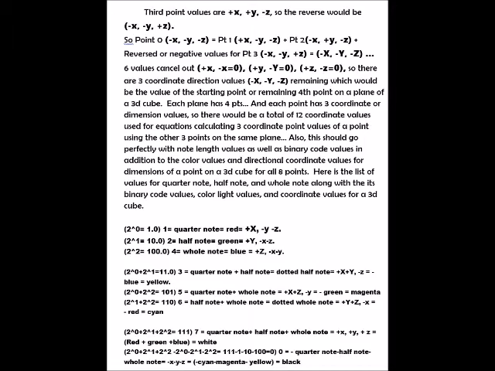So point 0, minus x minus y minus z, equals point 1, plus x minus y minus z, plus point 2, minus x plus y minus z, plus reversed or negative values for point 3, negative x, negative y, plus z, equals minus x minus y minus z. 6 values cancel out.